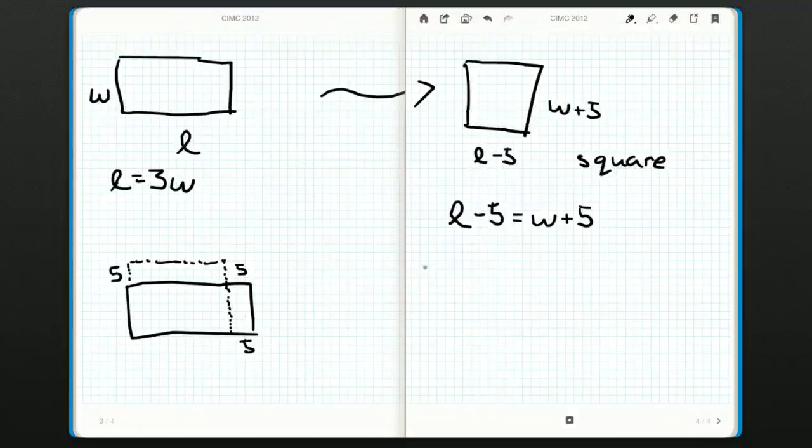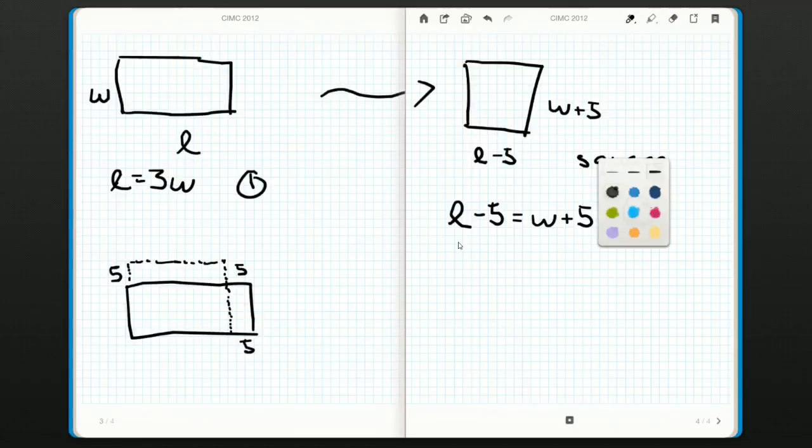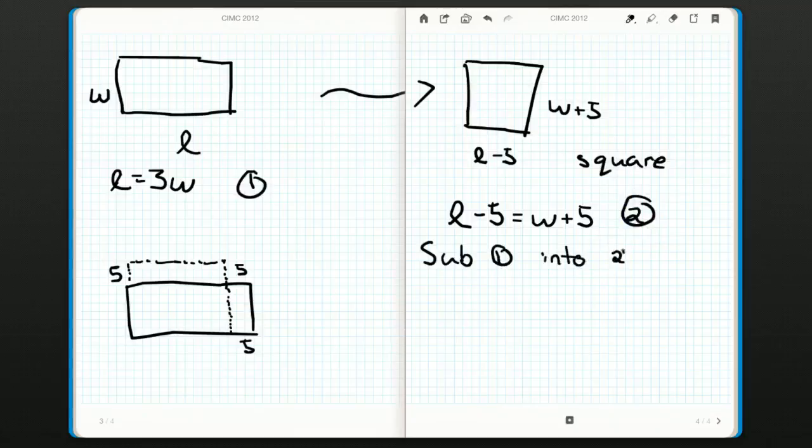How about we take our first equation, which we'll label 1, and sub it into equation 2. So this length here, we can substitute for 3W. 3W minus 5 is equal to W plus 5.